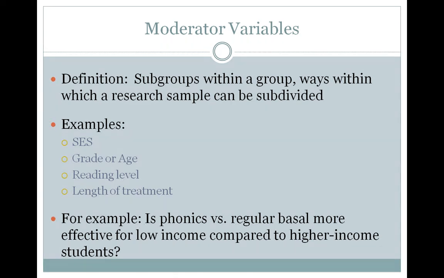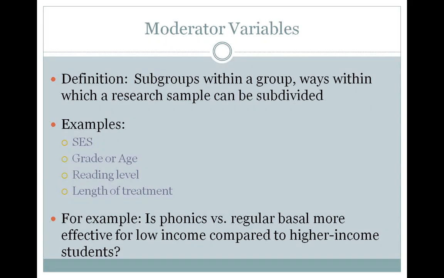That's one moderator variable, one way a subgroup could be defined within the whole group that was studied. Another way is if multiple grades were studied, you could look at whether phonics instruction was more effective at lower grades than at higher grades, at 2nd grade, for example, rather than 6th grade. You could also look at reading level, whether a treatment is more effective for kids who are struggling readers versus average readers or advanced readers.